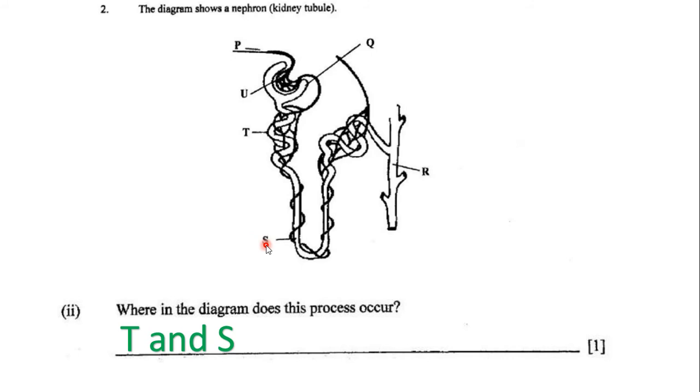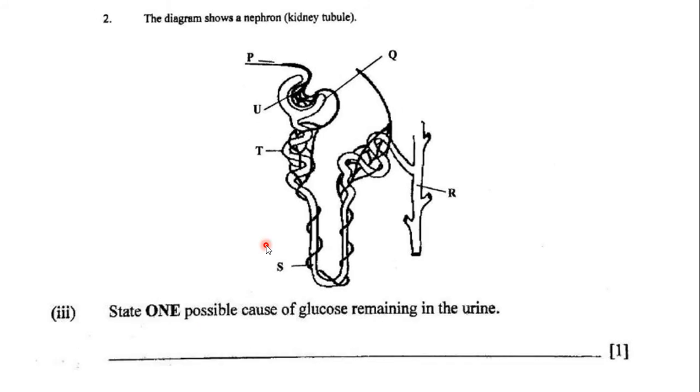Okay, let's move on to the next part of the question. It says, state one possible cause of glucose remaining in the urine. So what is one possible cause of glucose remaining in the urine and not being reabsorbed or returned to the blood? Okay, so we have diabetes.